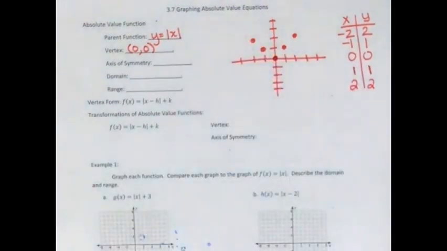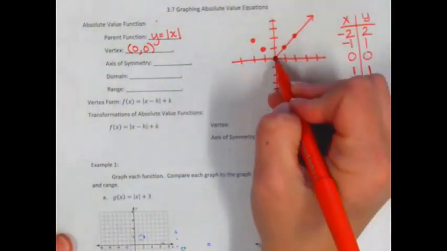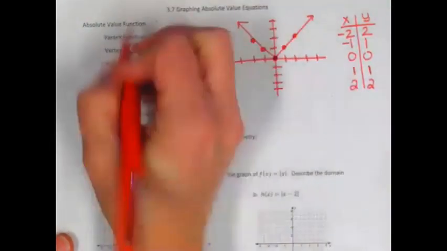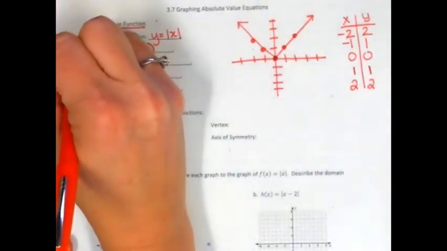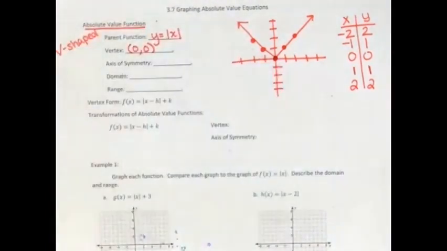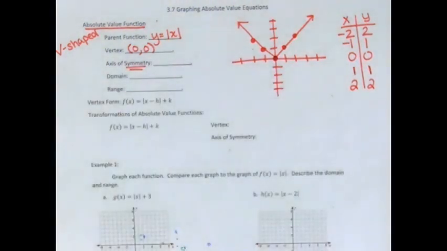So what shape do we have on an absolute value graph? It is a V. So the absolute value function is V-shaped, because 1 and -1 are the same distance away from 0, right? Doesn't that make sense to you guys? Now, if I talk about symmetry, what does symmetry mean?